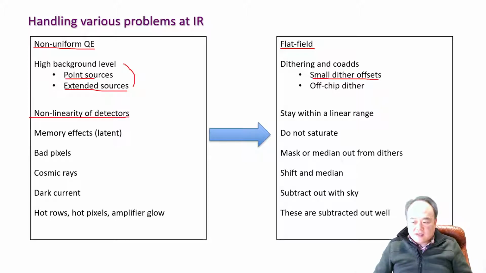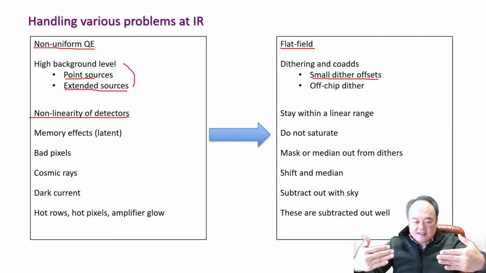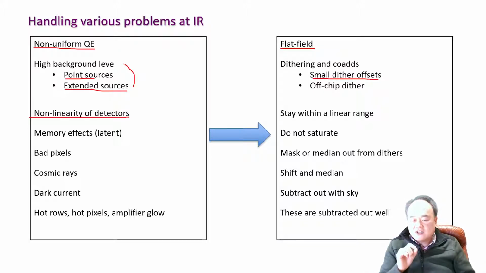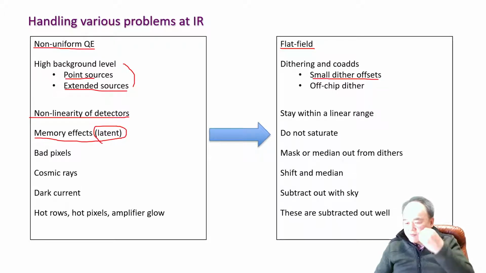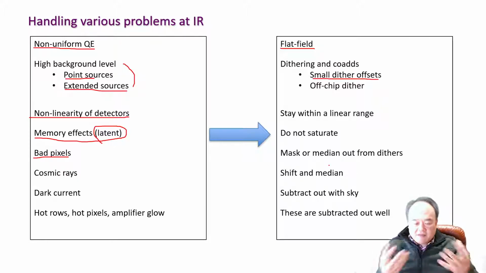For non-linearity of the detector, you need to stay within the linear regime and under the saturation limit. For memory effects such as latent images, you have to stay within the unsaturated regime. Bad pixels can be effectively medianed out by using shift and median. Cosmic rays can also be effectively taken care of by shift and median.